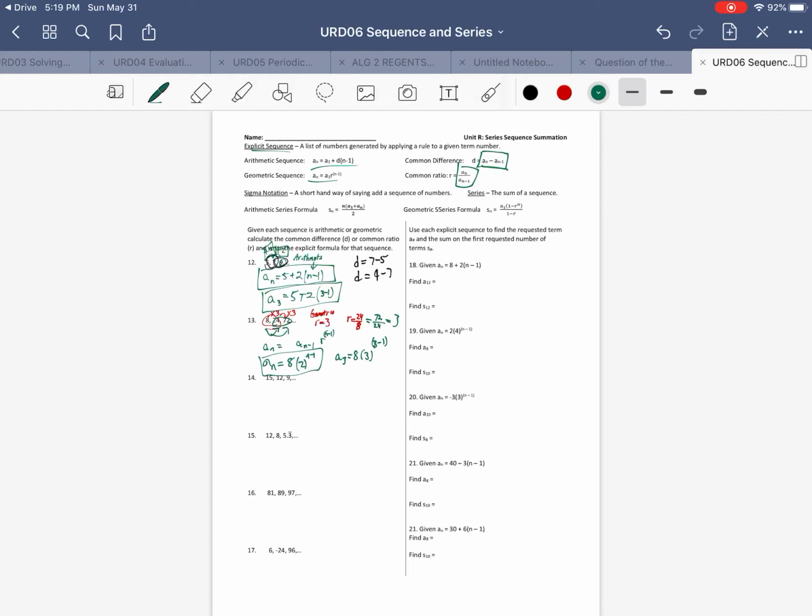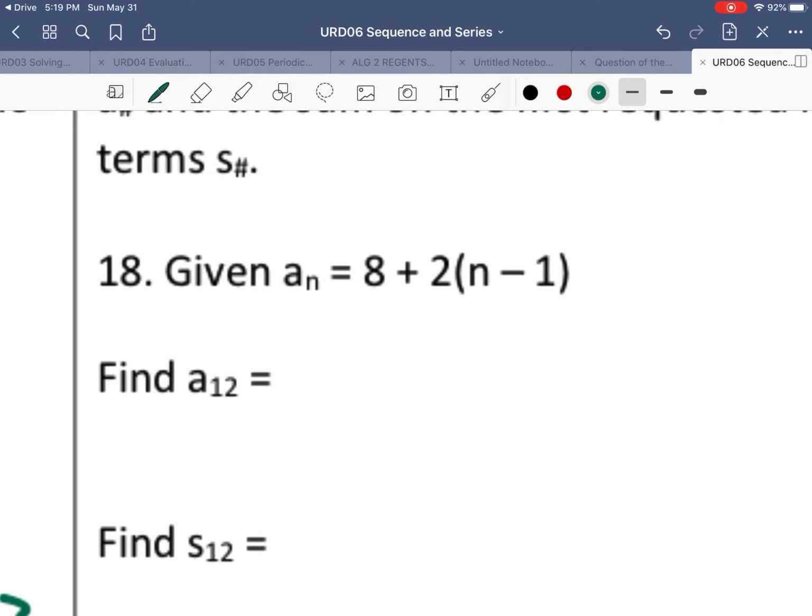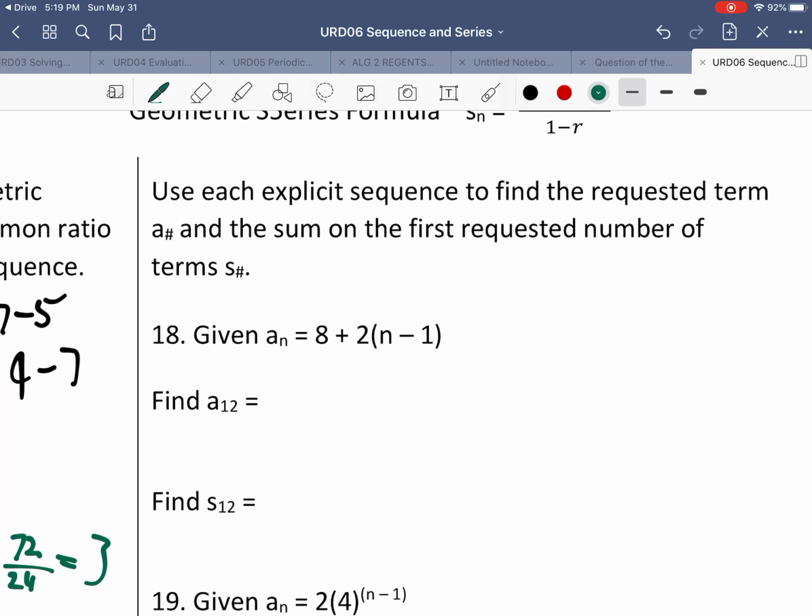All right, we have one more problem to do, and these are series, also finding specific terms. So we're going to be given a specific explicit formula. Looking at the first one, I could tell that this is arithmetic. We are asked to find the 12th term, so that just means start at 8 and add 2 eleven times, because we're looking for the 12th term.